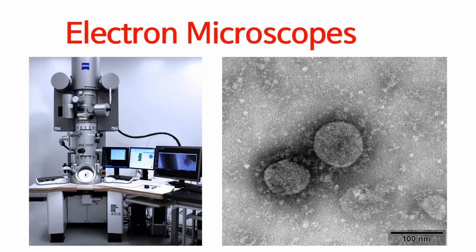We can significantly improve the resolution of a microscope by employing high-speed electrons. Quantum physics states that particles should be regarded as a wave, with a wavelength that is inversely proportional to its velocity.